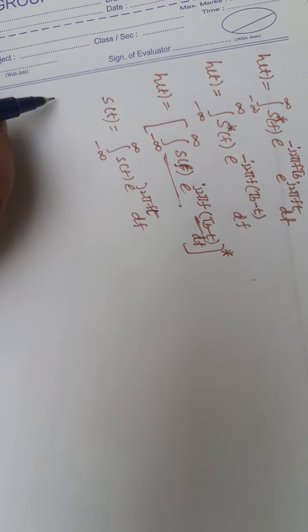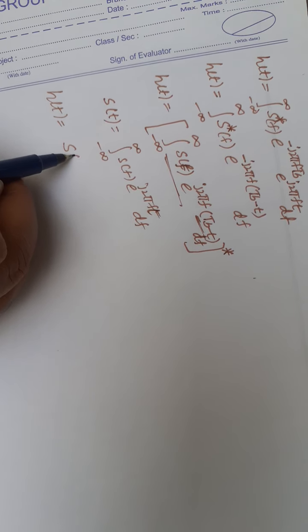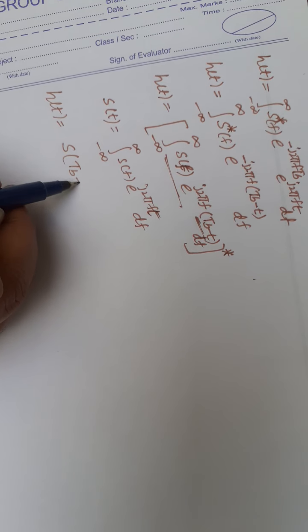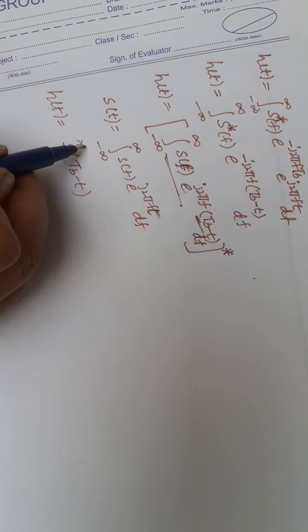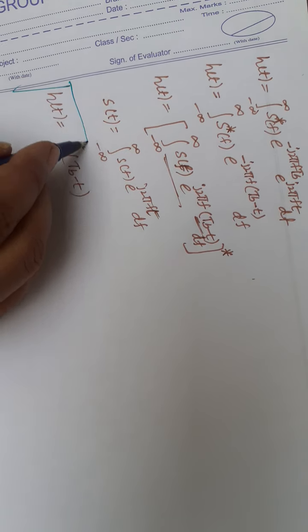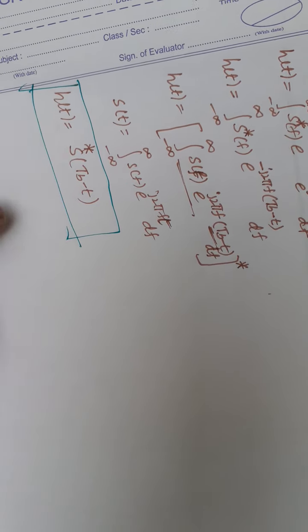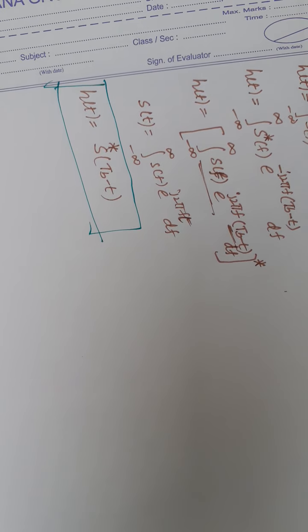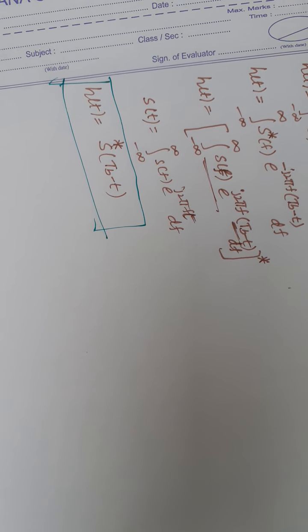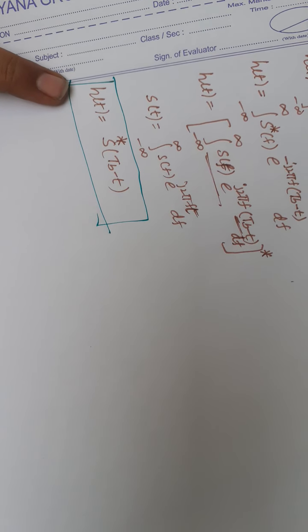So this can be written as h(t) is equal to s(tb minus t) complex conjugate. This is the filter that I used, the generated filter. I hope the concept of the matched filter is clear.